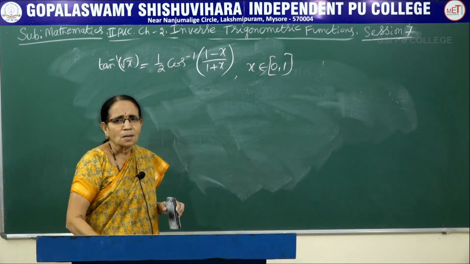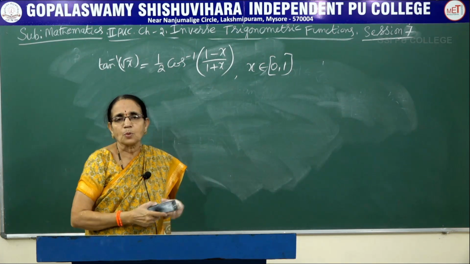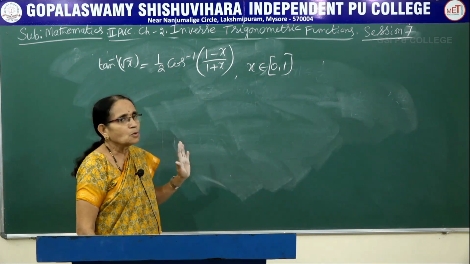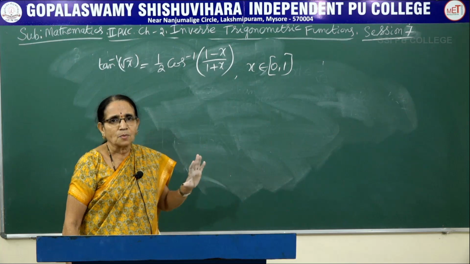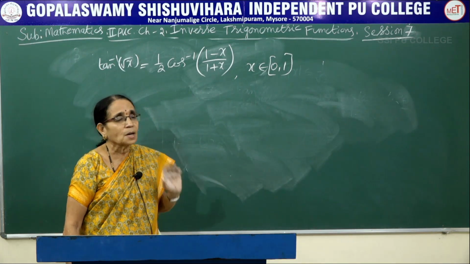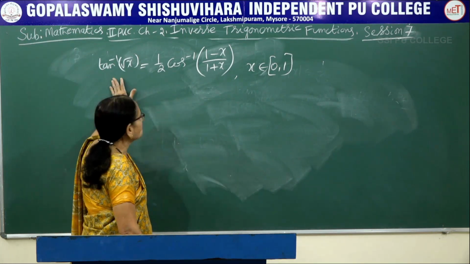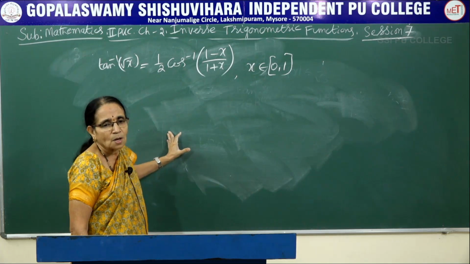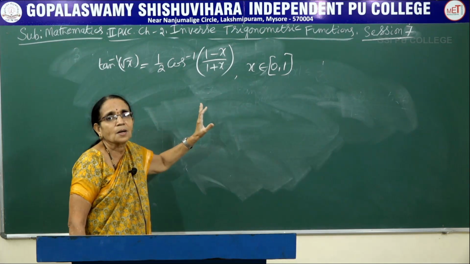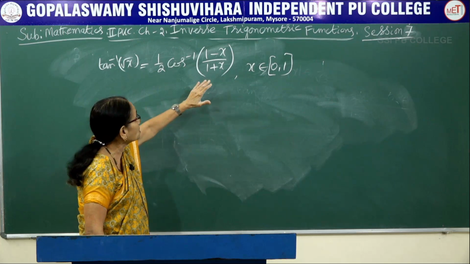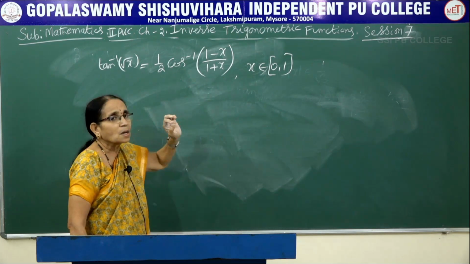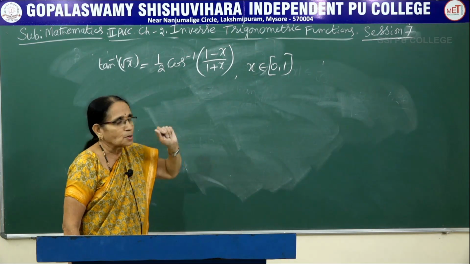Now in almost all the problems where I proved certain results, only one function was involved, either sine inverse or cos inverse. Here look at the left hand side, we have tan inverse. Look at the right hand side, we have cos inverse. So we have to look at the terms that have been given and carefully make the assumption.